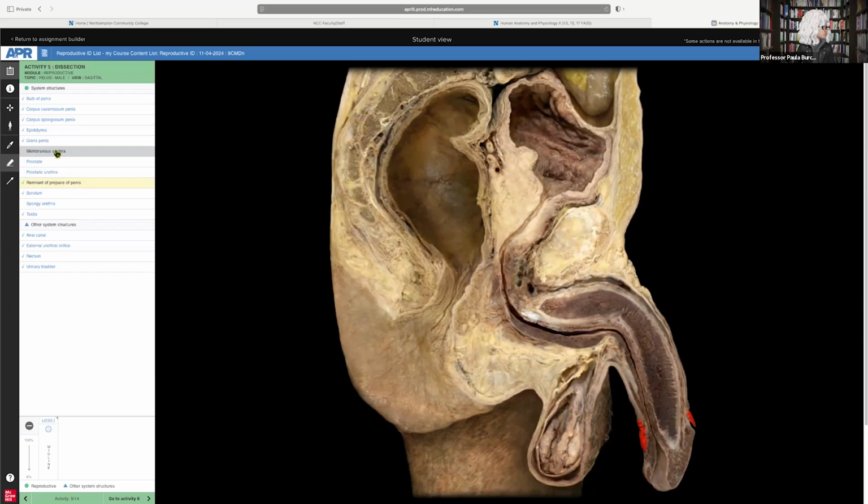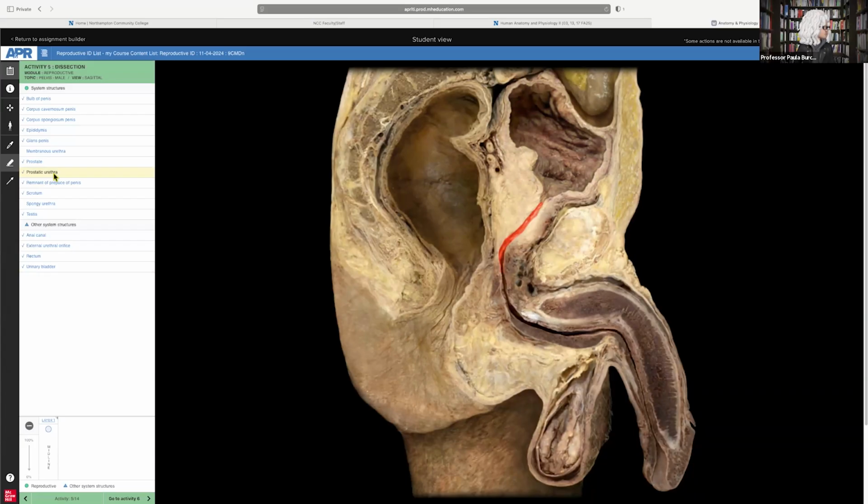So let's look at the prostate here. The prostate produces some of the seminal fluid. So be sure again that you watch that video. The urethra is going to have several different sections. If we go back to the urinary bladder here, the first section of the urethra is going to be the prostatic urethra, and it's going to go through the middle of the prostate.